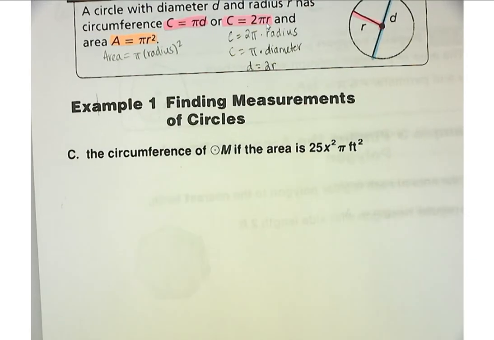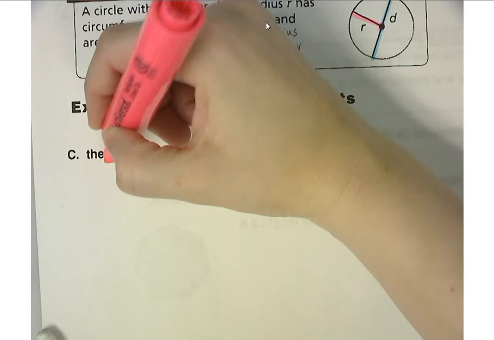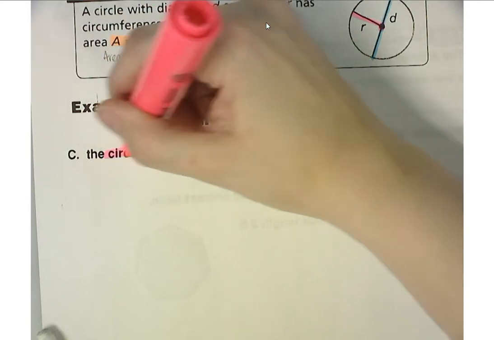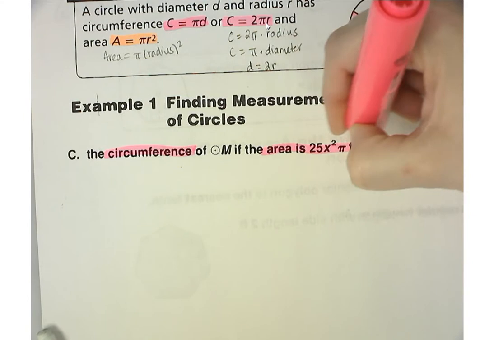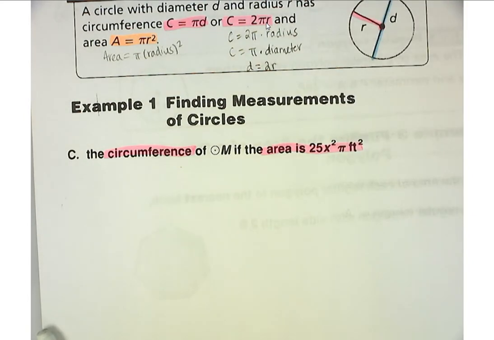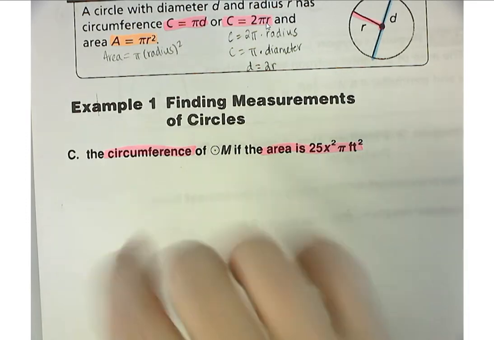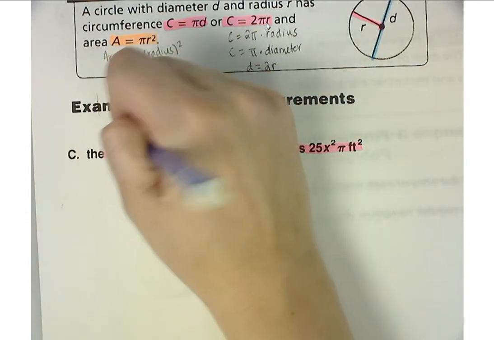So for example 1, we are going to find the circumference of circle M if the area is 25x squared pi feet squared. So we want to find the circumference, and we are given the area. If we're going to find the circumference, the formula is 2 pi r or pi d.